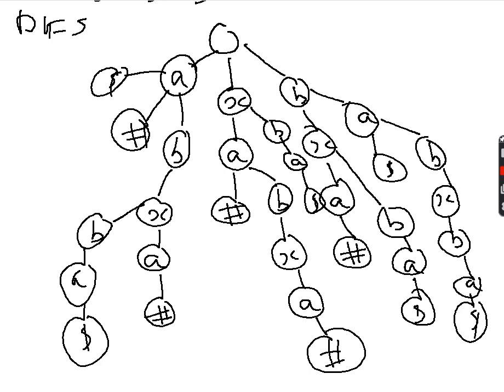Okay, so let's start the DFS from this node. Then we go to a dollar. So once we reach this dollar, we know that we have 1 dollar, 0 pound, and the string is empty. So this is going to return 1 dollar, 0 pound.